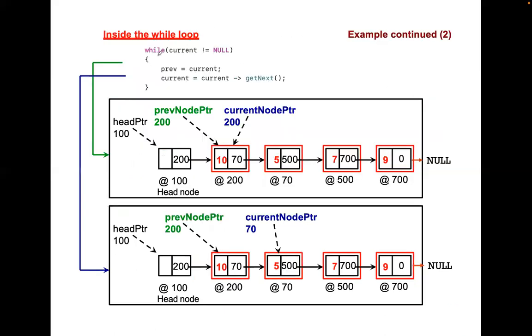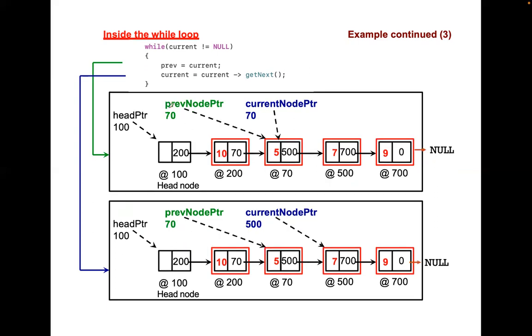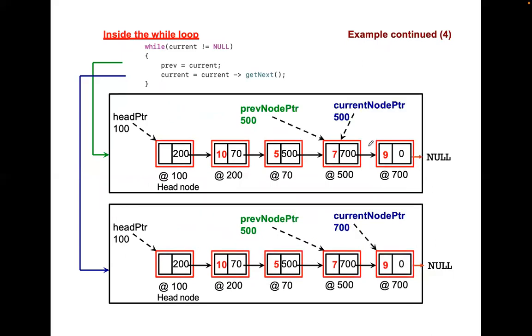Then we start the while loop and we continue the loop until current is null. In the first iteration, previous will point to current and current will point to the next of current. In the second iteration, again previous will point to current and current will point to the next of current. Still current is not null, so we continue.